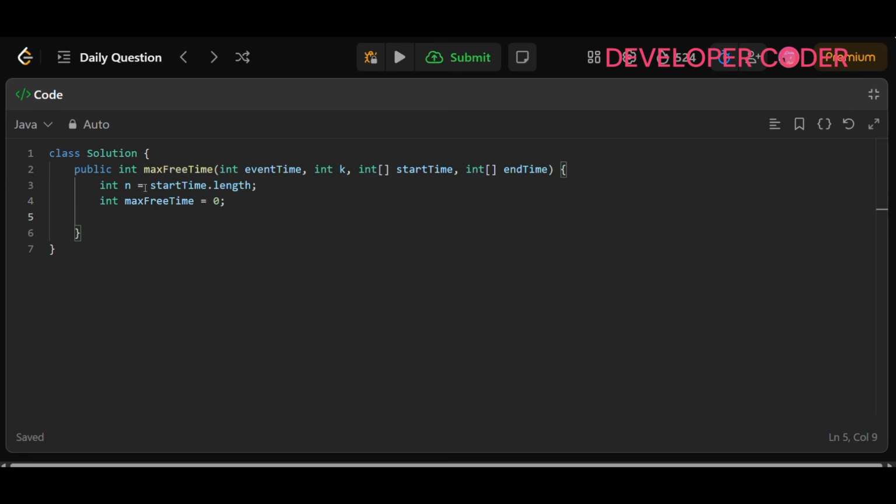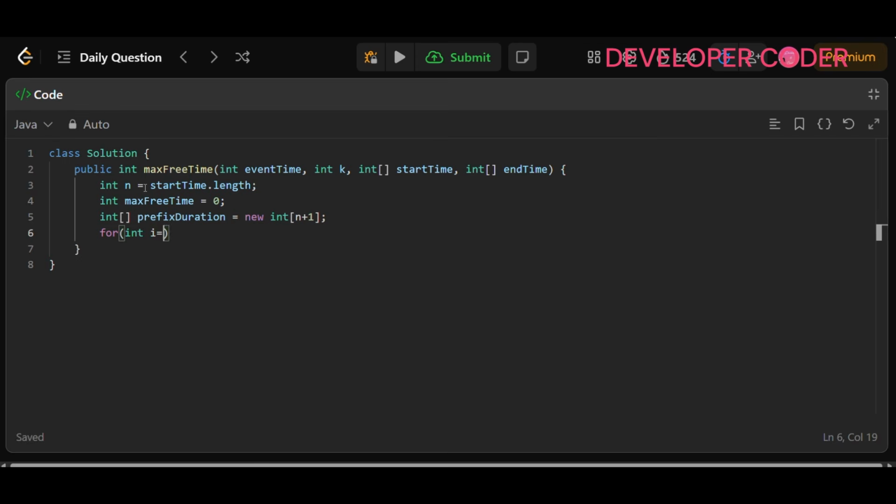Then step 1 is going to compute the prefix sum of the duration of meetings. So int prefix duration is equal to new int n plus 1, done.